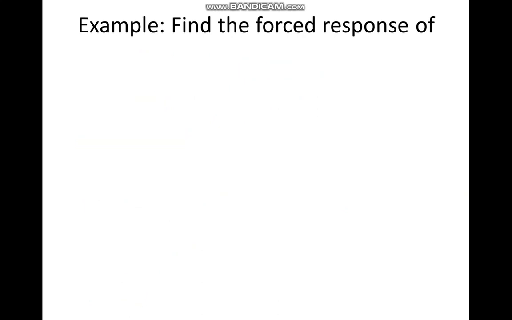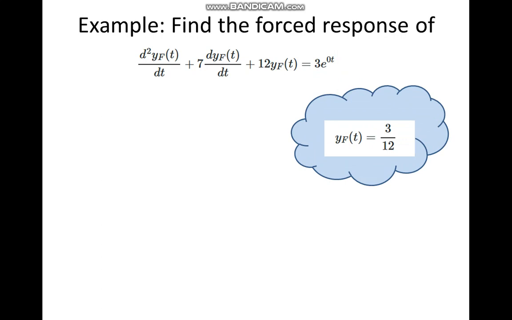Another example. Lots of examples for finding the forced response. If we look at the right-hand side of this equation, it is 3e to the power 0. We know e to the power 0 is 1, so basically the right-hand side is a constant. In case it's a constant, we know the direct method, which is the right-hand side divided by the coefficient of yf, meaning 3 divided by 12 is the answer.